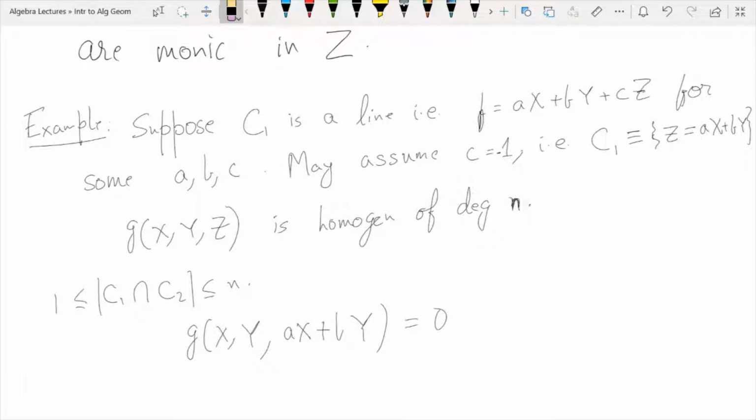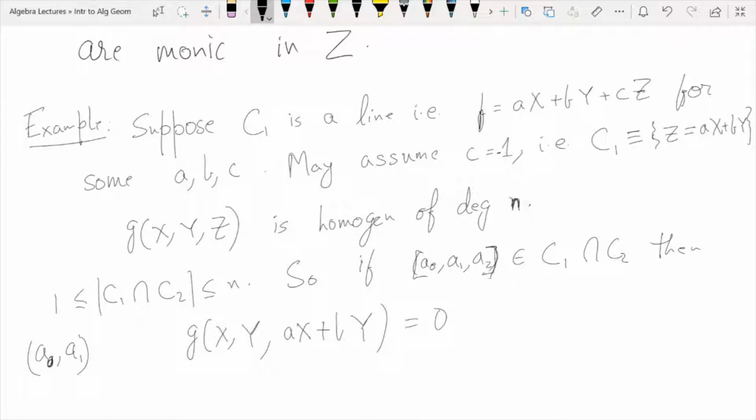So if (A0, A1, A2) belongs to C1 intersection C2, then (A0, A1), sorry, I should do homogeneous. Yeah, (A0, A1).